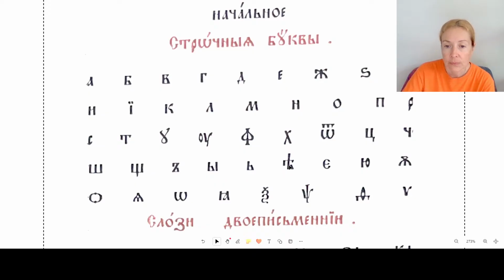Then, this will be in the Russian version of Church Slavonic. We say ye. In Bulgarian, in different versions, variants of Church Slavonic, we pronounce this letter differently. So in Russian Church Slavonic, it's yeh. Then in Bulgarian Church Slavonic, it's ya.